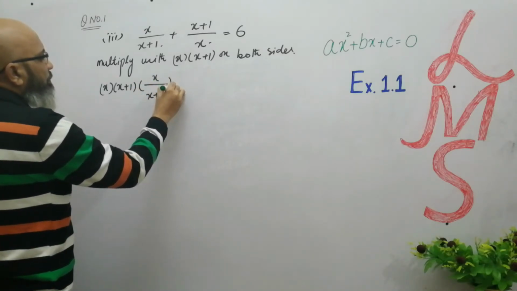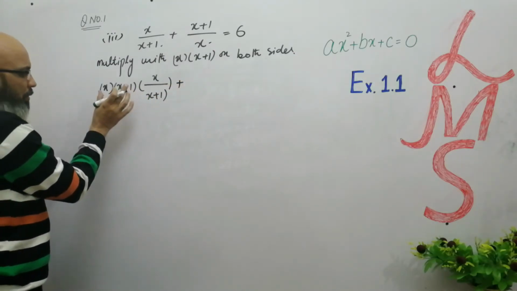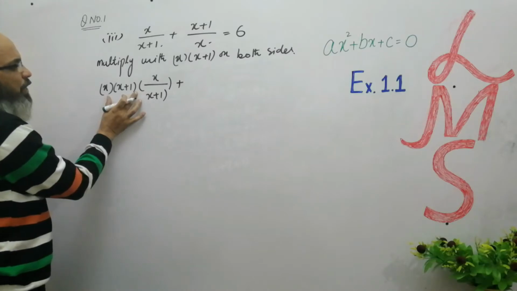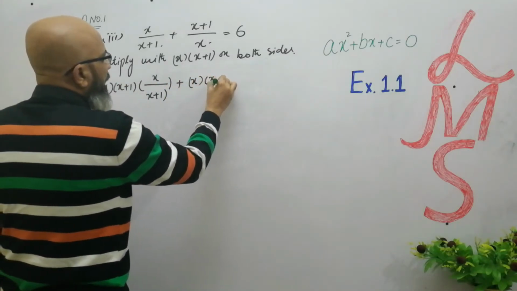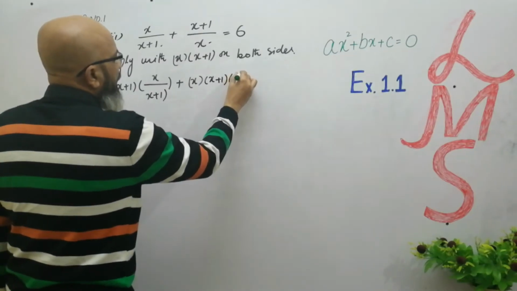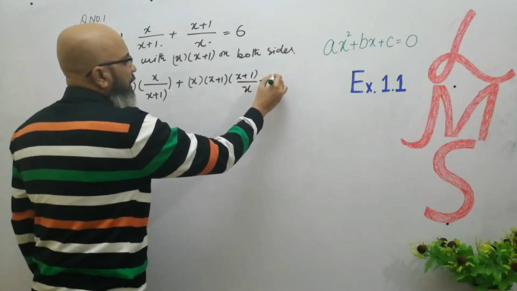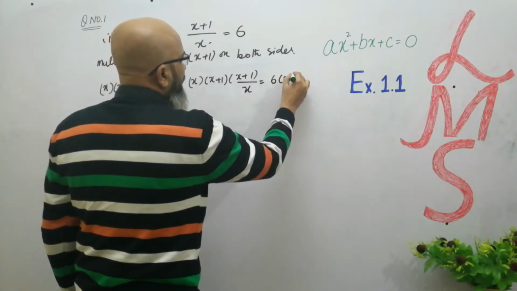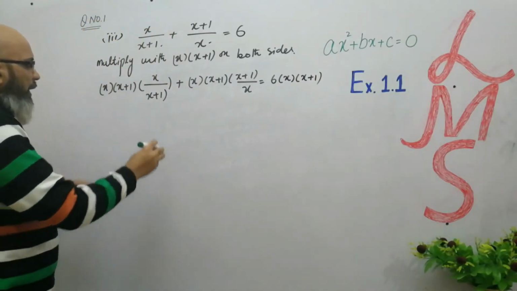In algebra these brackets are also written instead of the sign of multiplication. So again x into x plus 1 multiply by x plus 1 over x is equal to 6 multiply by x into x plus 1. So now simplify it.